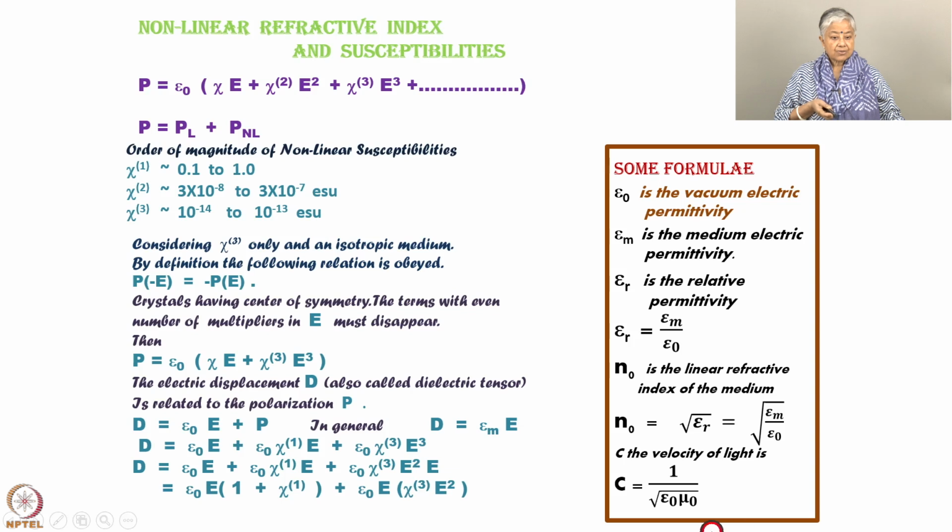So, here you have D is epsilon 0 chi 1 E plus epsilon 0 chi 3 E cube. Then D becomes the same thing here.